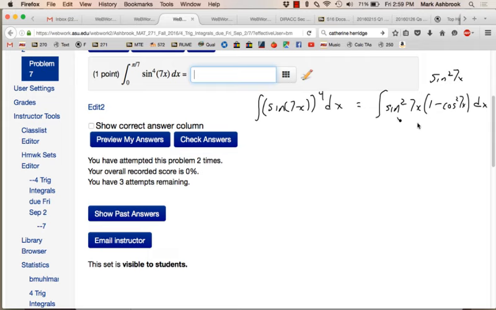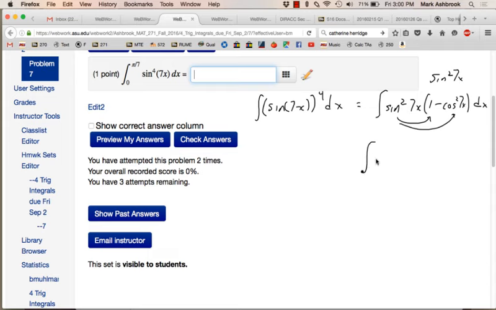So now if we multiply this in, sine squared, how do we do that? Got to just remember that. How do we do sine squared? Half angle identity, right? Just plain sine squared or just plain cosine squared, half angle identity.